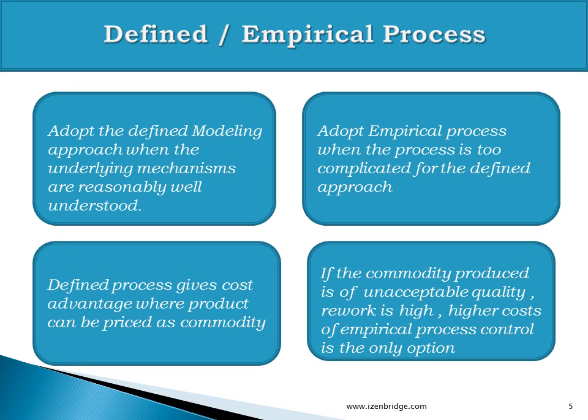Defined processes give you a cost advantage because they produce a product at the price of a commodity. But once you apply a defined process to an area which is not yet defined fairly well, the process may produce a commodity which is not of an acceptable quality.